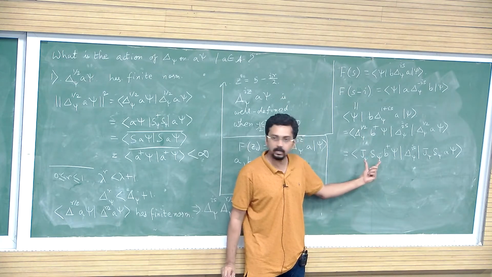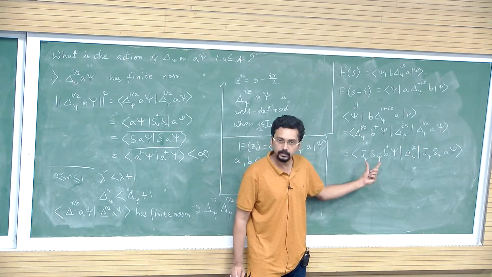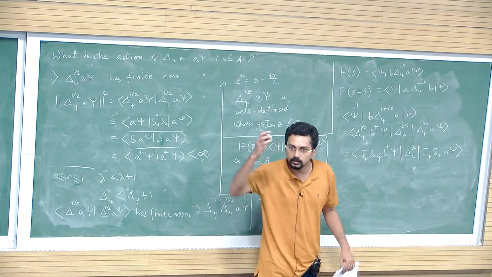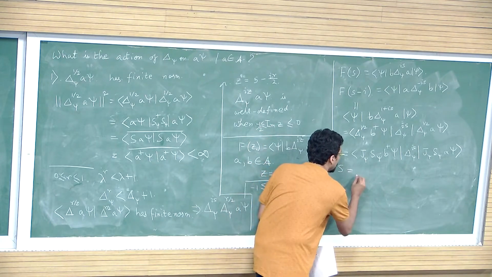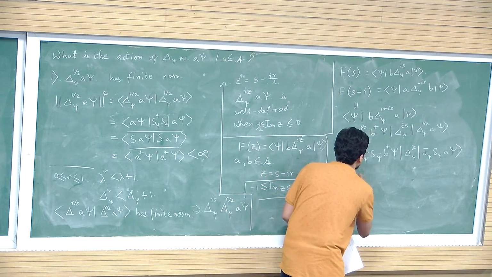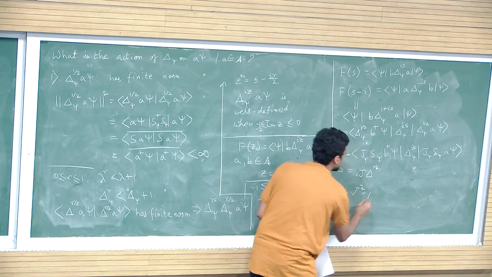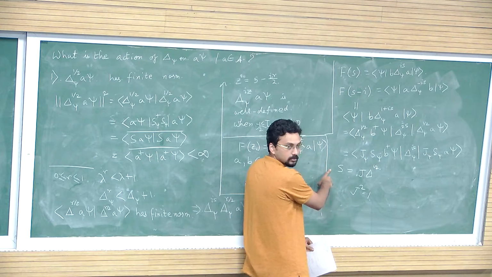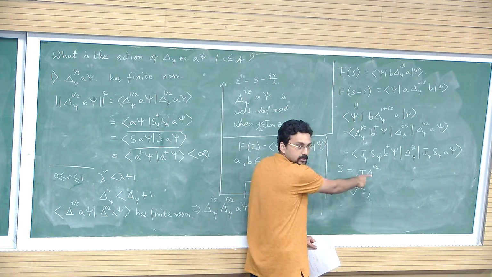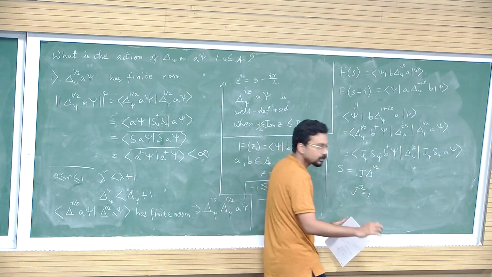Delta psi to the power half is nothing but this, right? This is from polar decomposition. S was j times delta to the power half, and j square was identity, right? So j square goes here. That's all I have done.